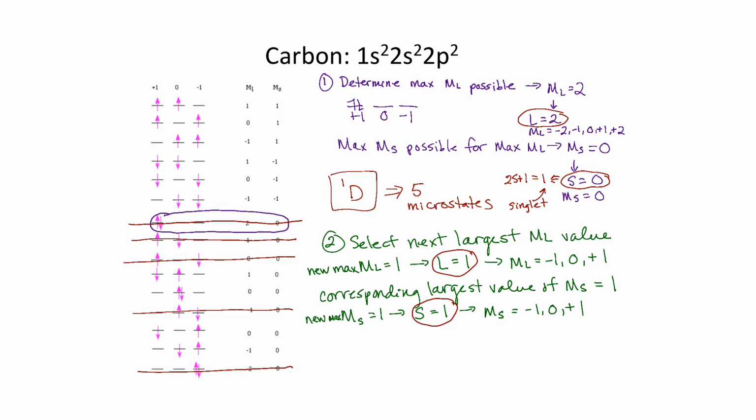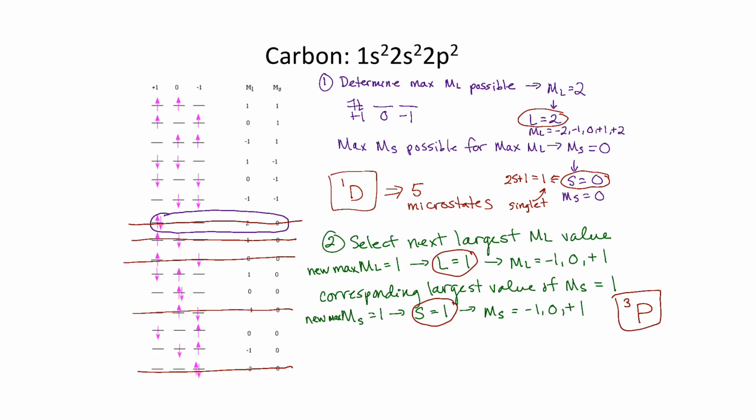L equals 1 gives us a P designation, and S equals 1 should give us the triplet. So if we do 2S plus 1, we get a triplet P.